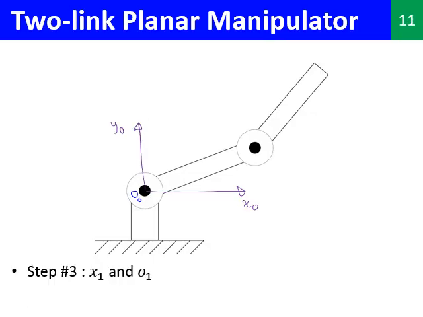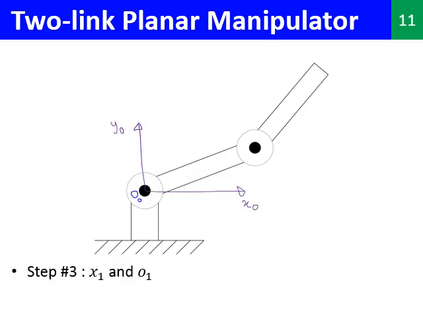Step 3, X1 and O1. Now step 3 is a recursive process that we will perform until the end effector frame. There are 3 cases that can happen, and in the 2-link planar manipulator what we have here is the case where Z0 and Z1 are parallel to each other.